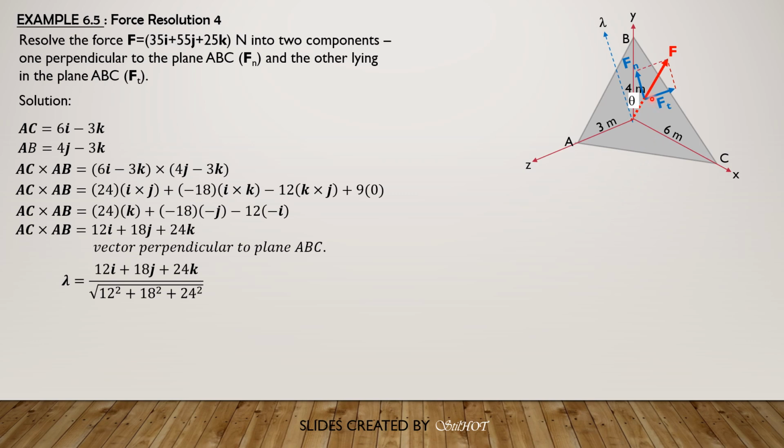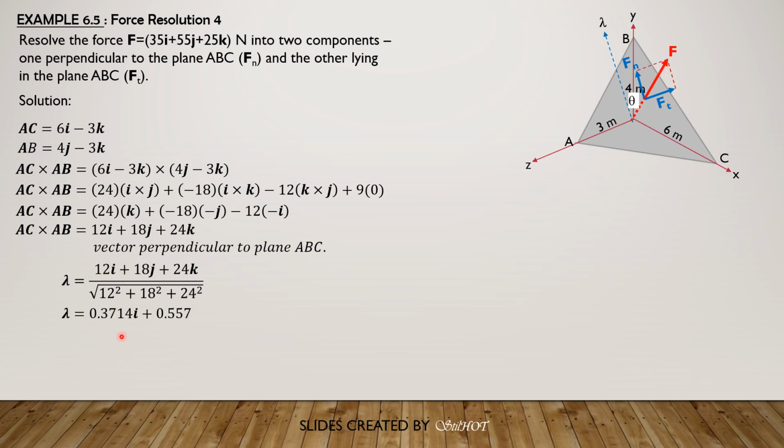Then we can compute the component of force perpendicular to the plane, which is F cosine theta, or Fn. Fn is F cosine theta, or we dot the force F with lambda. Then Ft is perpendicular to Fn, so we use the relationship vector Ft plus vector Fn equals vector F. Then we can solve for Ft.